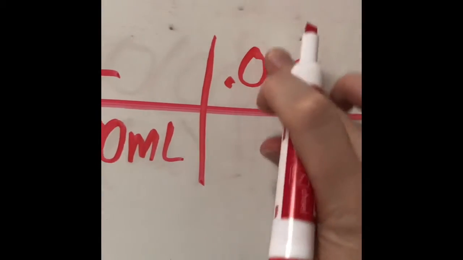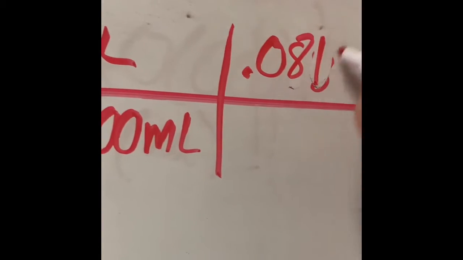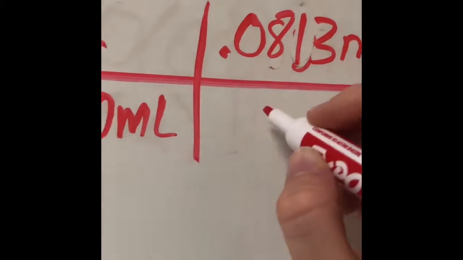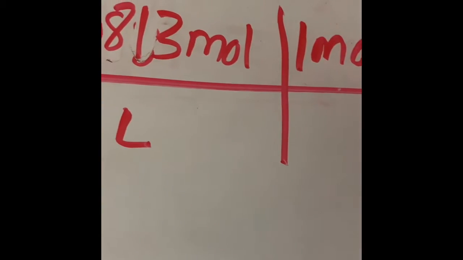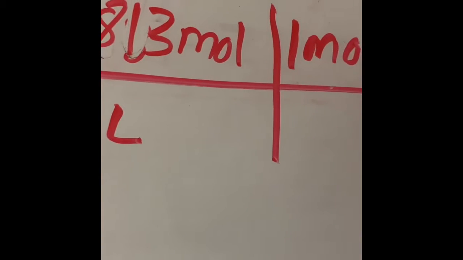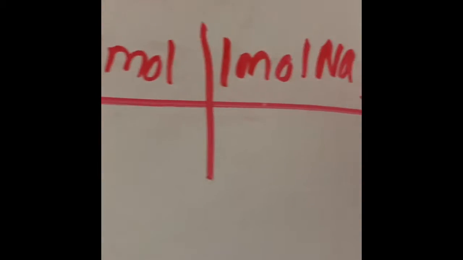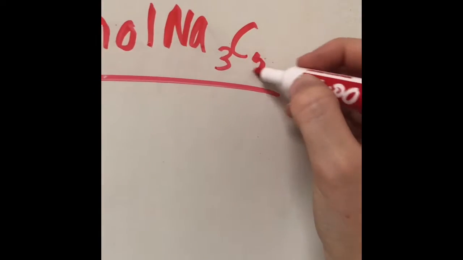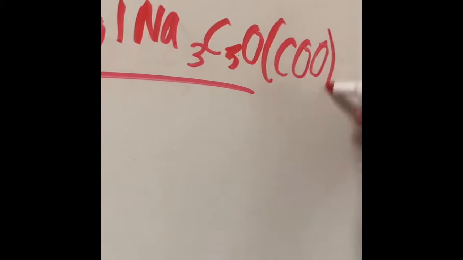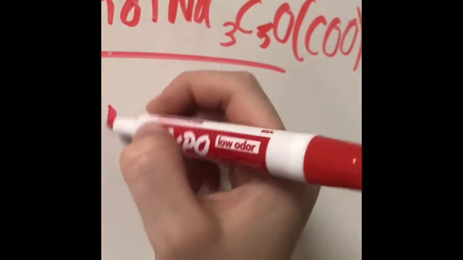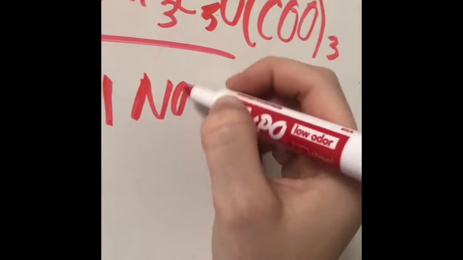0.0813 moles per 1 liter. And finally, you want to multiply that by the ratio of 1 mole of Na3C3H5O(COO)3 over 3 moles of NaOH.